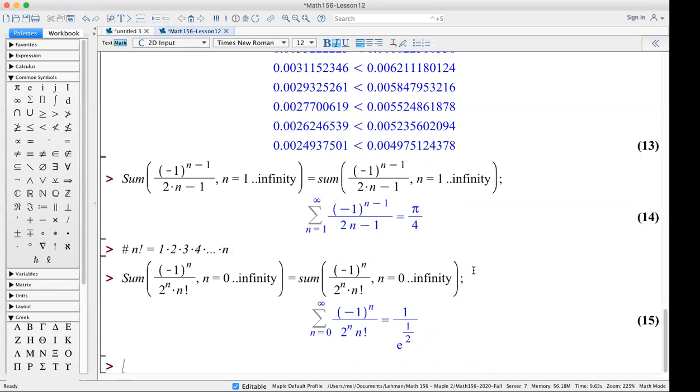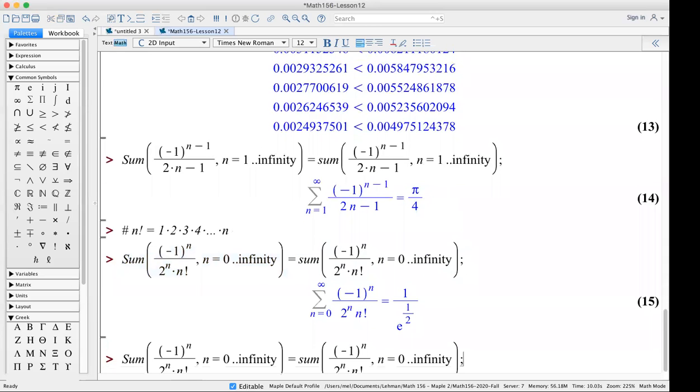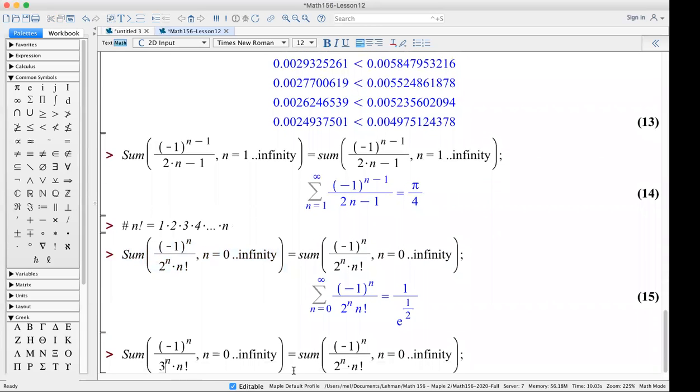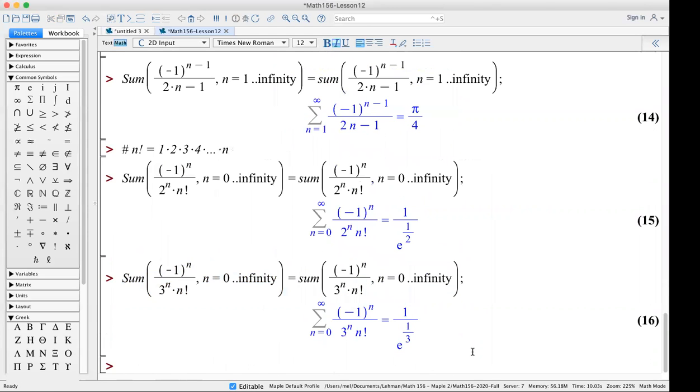Huh. Suppose I make this 3 to the n. Yeah. Why is that? Well, you can figure out why that is, sooner or later at least.